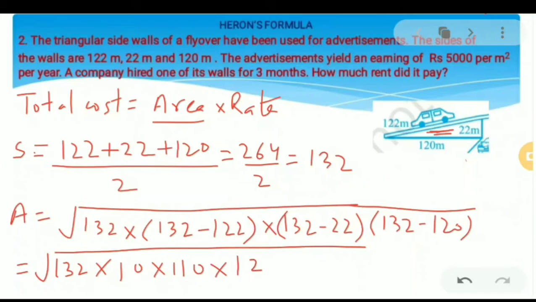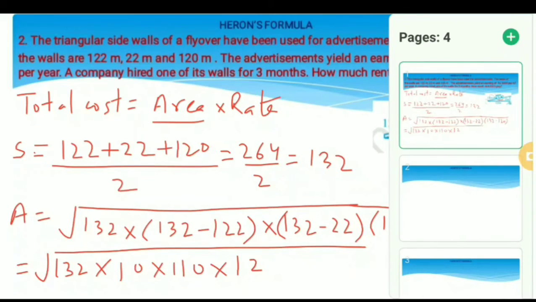So we have to further factorize it to get the square root. So we have obtained 132 into 10 into 110 into 12. Now let me factorize this.